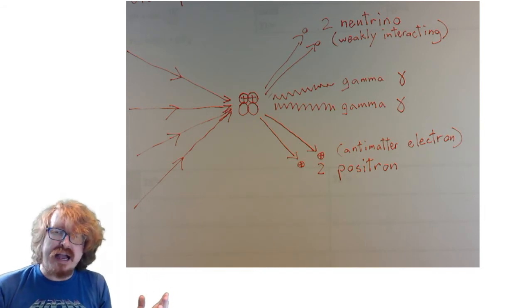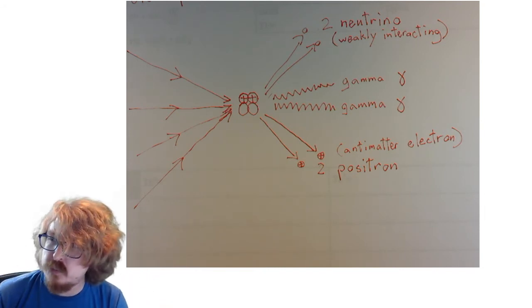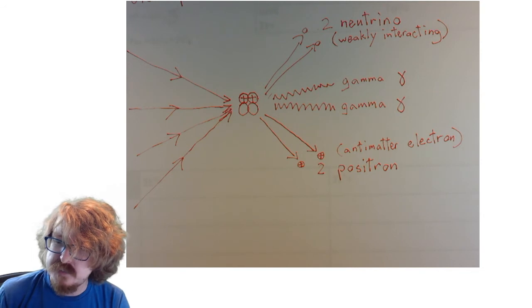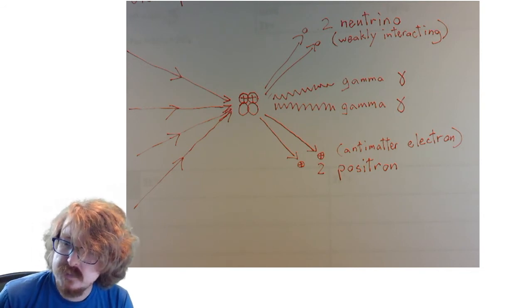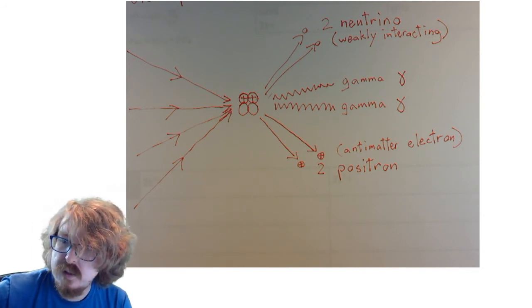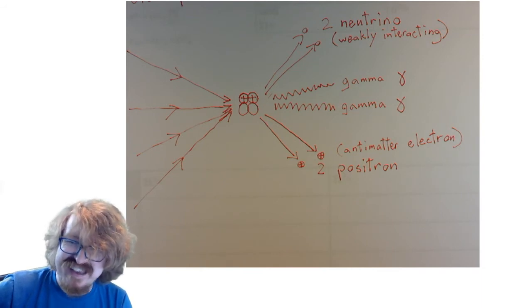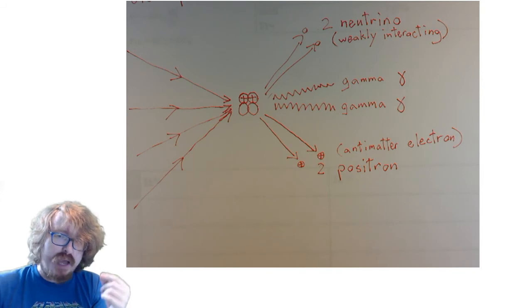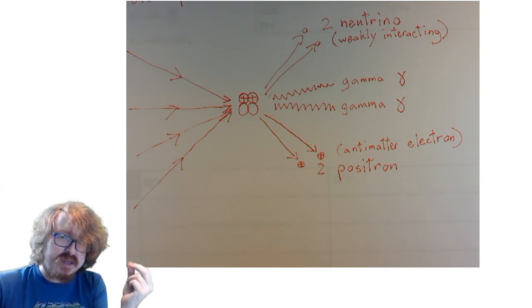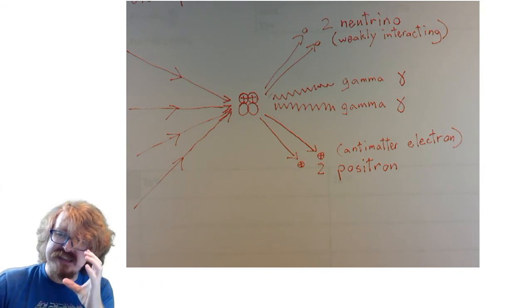What kind of charge does a regular electron have? Negative. Yes, so a positron is just like an electron, but its charge is positive, because a regular electron has a negative charge.